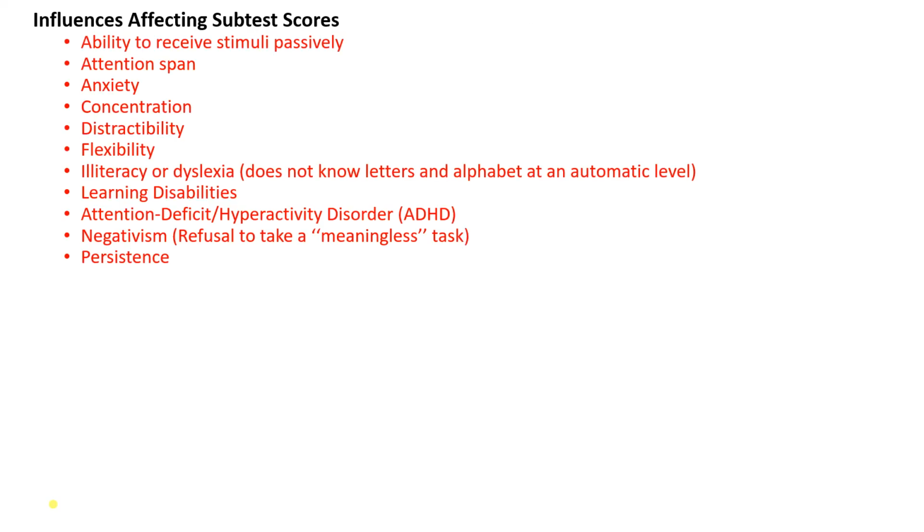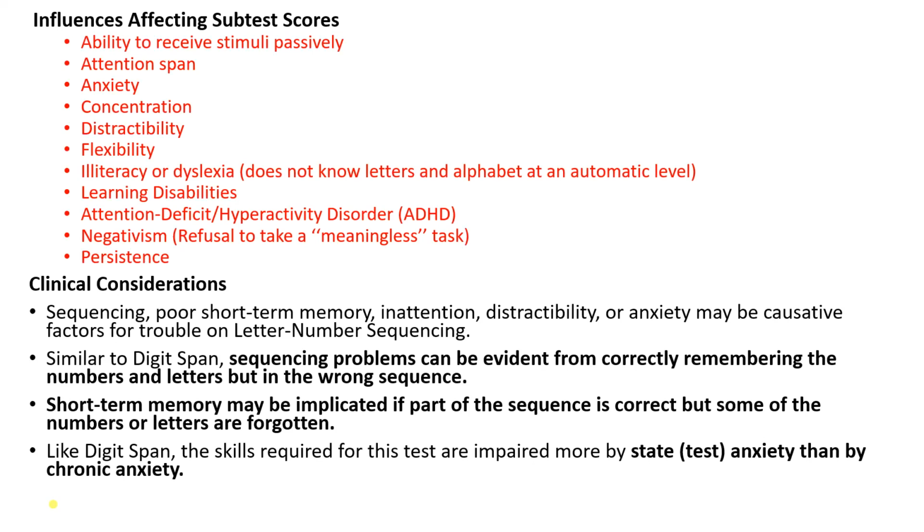The influencing factors include almost similar factors that I have discussed: the ability to receive stimuli passively, attention span, anxiety, concentration, literacy or dyslexia, learning disability, ADHD, negativism, and persistence. Most of the factors are the same.